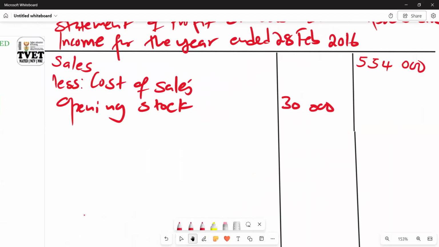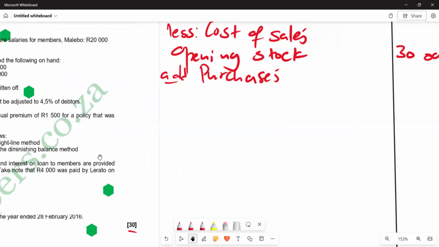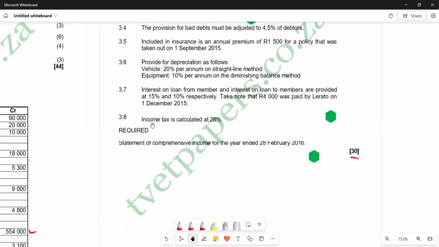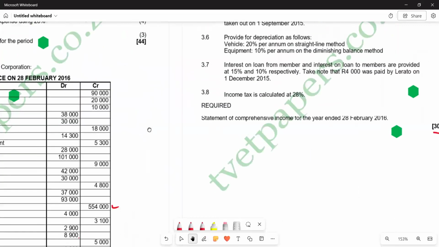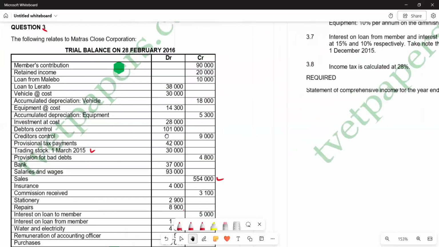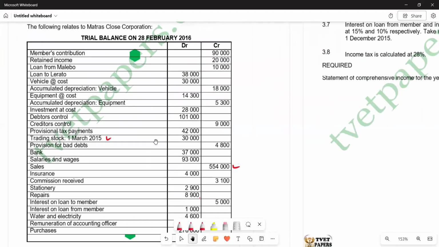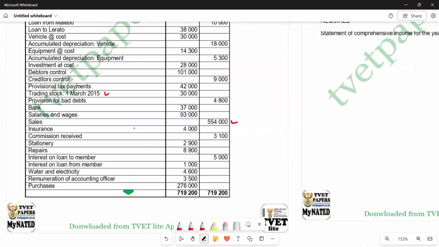And then beneath that, we are supposed to add our purchases. And we go to our trial balance again to check for the figure for purchases. So if you come here, you'll see the purchases figure. We're having it here at the bottom where we have 276,000.